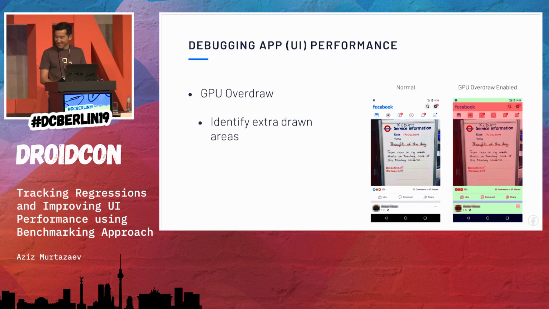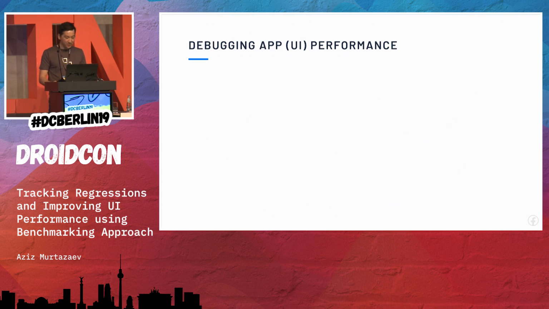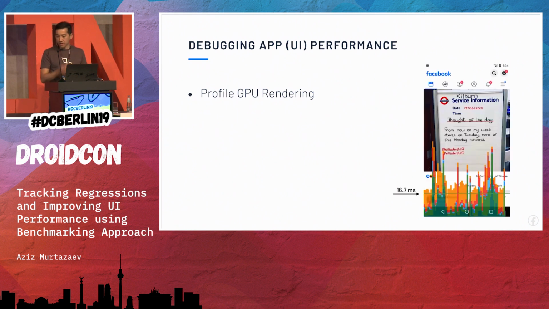Another tool that's also available from the developer options is called Profile GPU Rendering. Basically, it shows in real time how your UI is being rendered by showing bars. I'm not sure you can see, there is a green horizontal line that shows the line of 16 milliseconds.